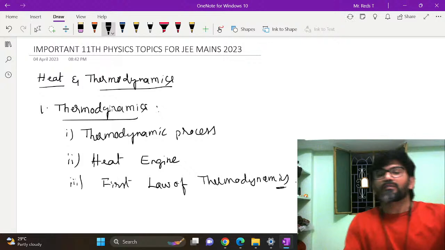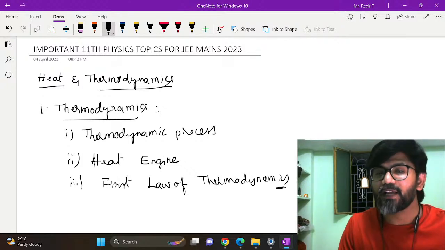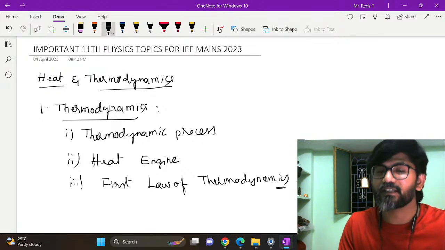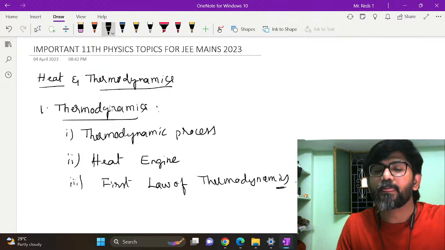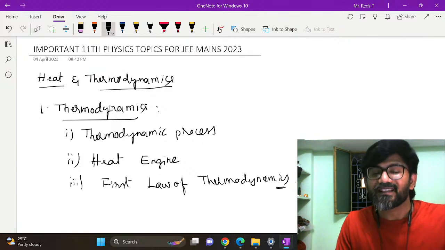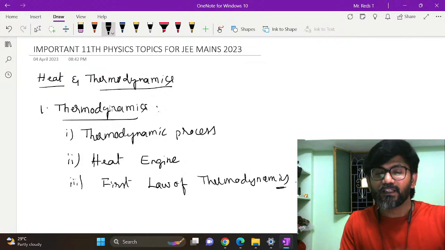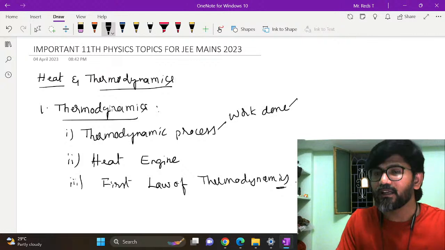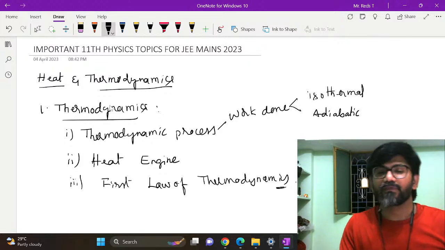So thermodynamic processes including graphs. Actually, the first law of thermodynamics you also have to apply for these different thermodynamic processes like isobaric process, isochoric process, adiabatic process, isothermal process, cyclic process. And work done specifically in the adiabatic process and in the isothermal process.